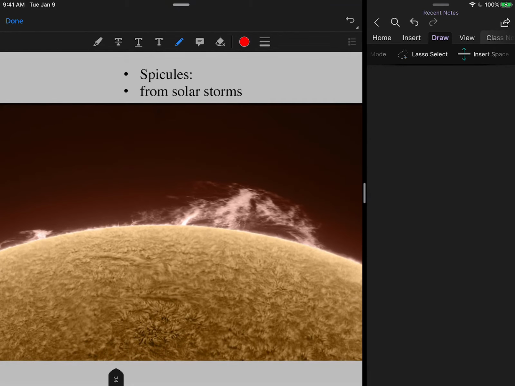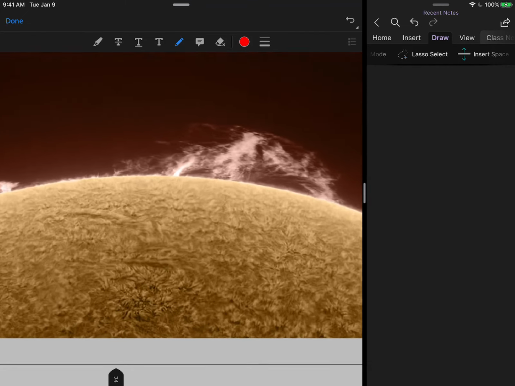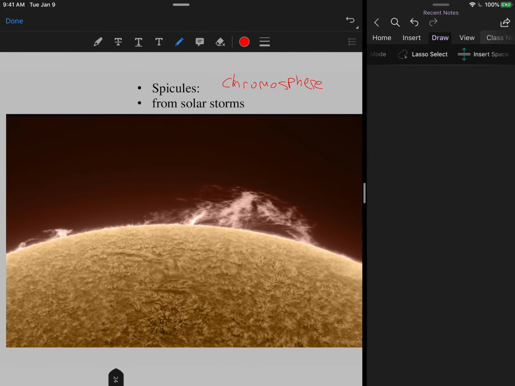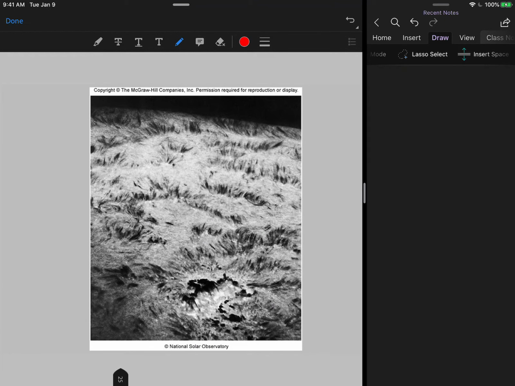So you find these spicules in the chromosphere. And this is in the lower atmosphere of the sun. And again, these look like fields of grass that are blowing in the wind. And you can see the spicules again here. These are just spikes.